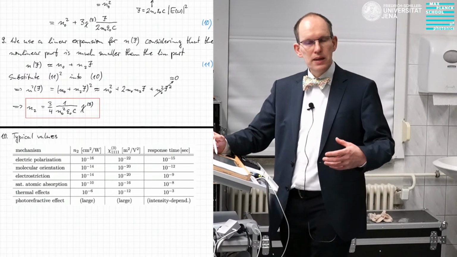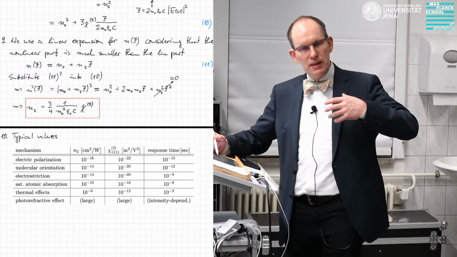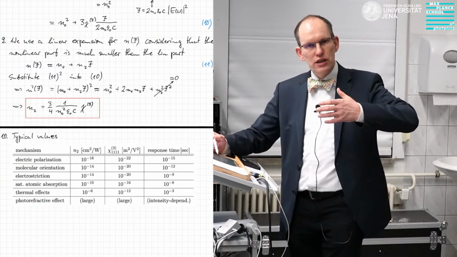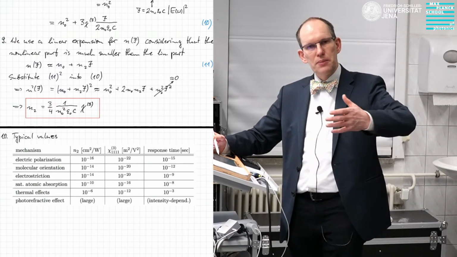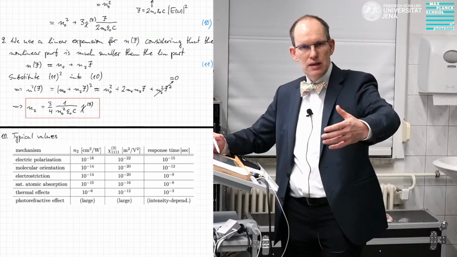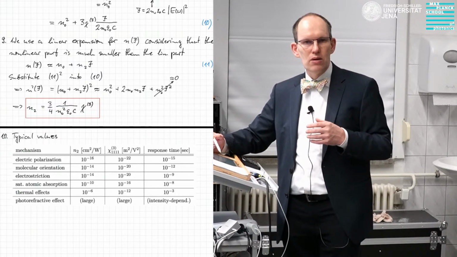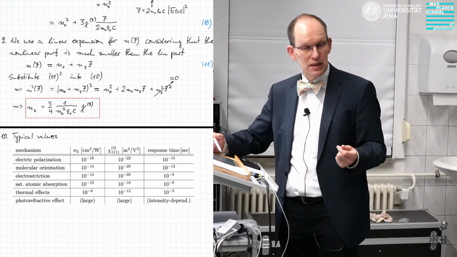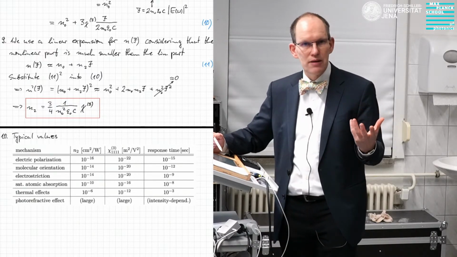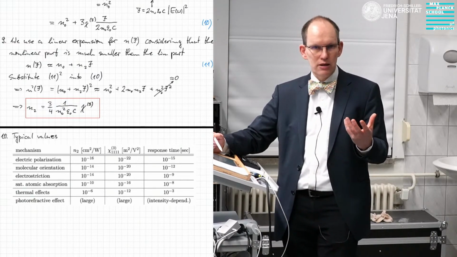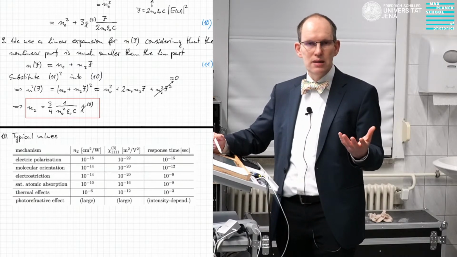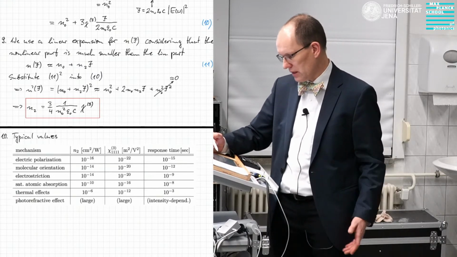This is when the electron is driven by the electric field, and when this electron motion is no longer harmonic. So this is what we always have in mind if we speak about nonlinearities. But it's by no means the only mechanism for nonlinear optics.